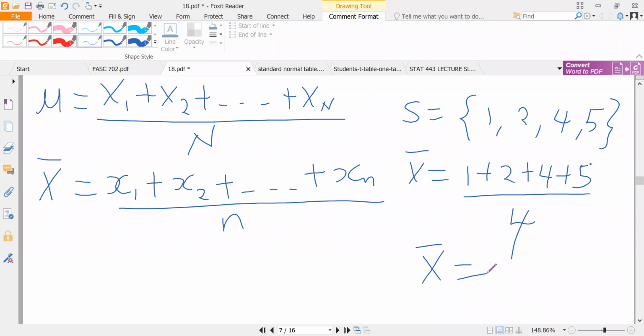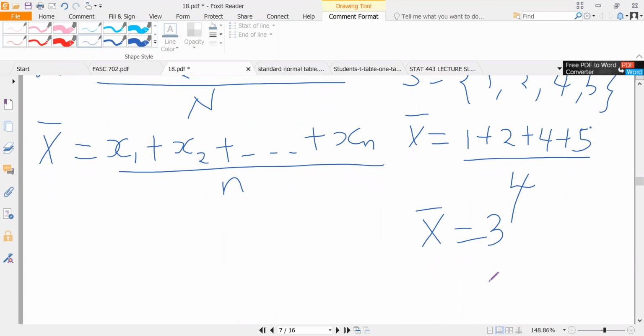Because this is 7 plus 5, 12 divided by 4 is 3. So for this particular sample, X bar is equal to 3.